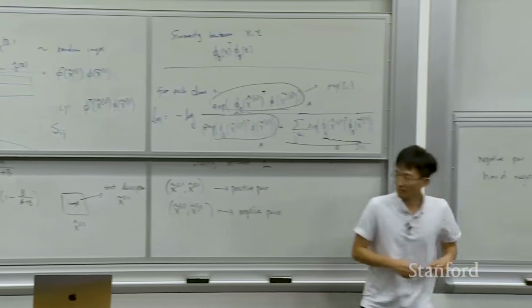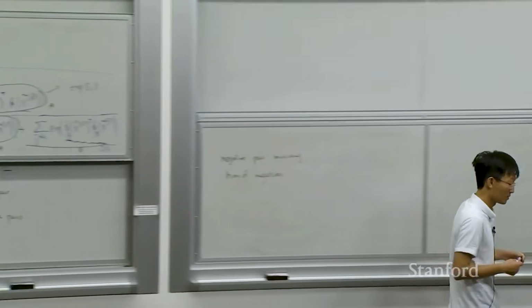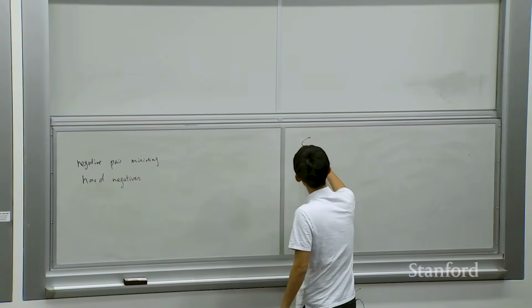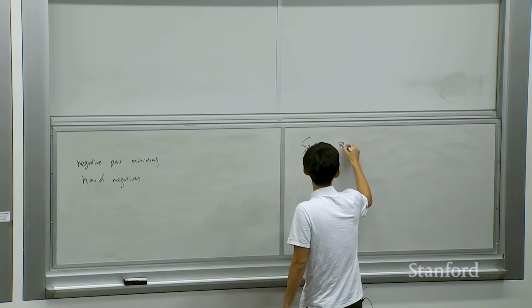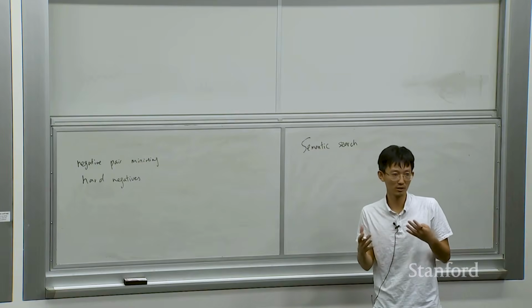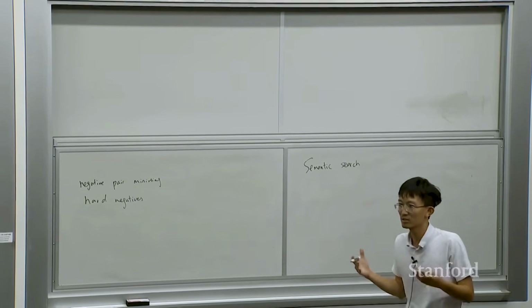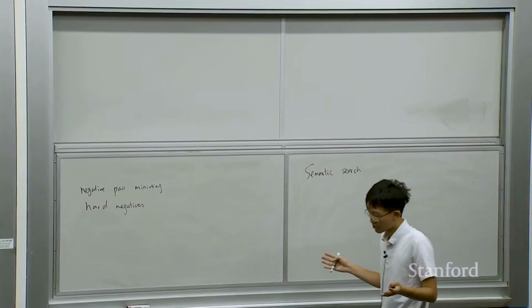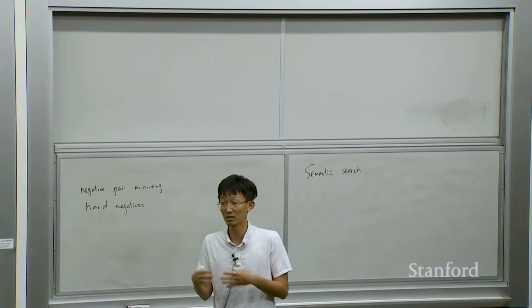Okay. Now let's briefly talk about how you use this in semantic search. I think you can probably imagine it's very simple. In semantic search, the goal is that you are given a query and you want to find all similar objects in your pool of, say, documents or images. For example, you have a large collection of images and you are given a new image, and you want to find all the similar images in that pool.